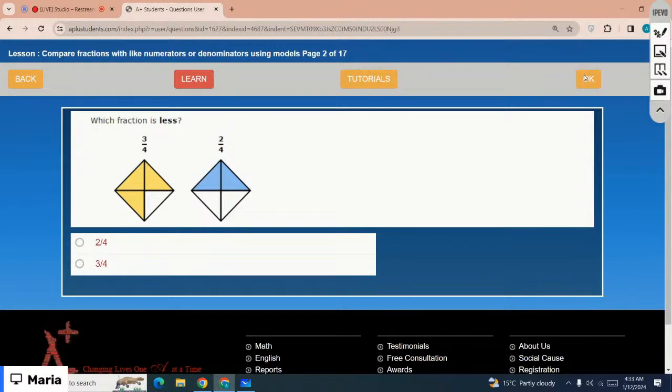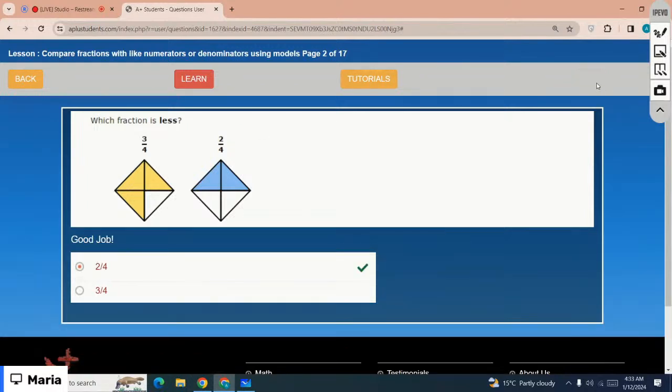Yes, you have to see which is less. So obviously 2 by 4 is less than 3 by 4.